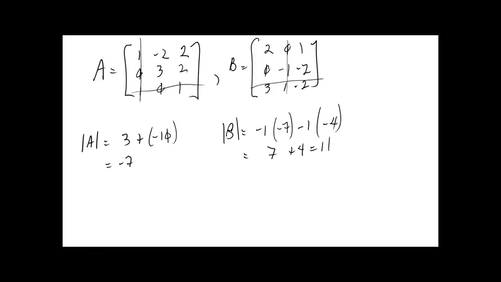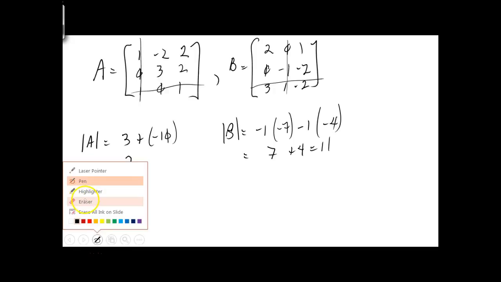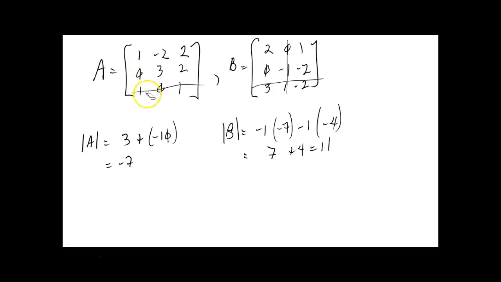Negative 7, positive 11. Got it. Okay. Now, the next thing they ask us for is sort of a boo-hiss here, because they ask us for the determinant of the product of the two matrices, which means we have to take the product of the two matrices. Boy, that's been a while, hasn't it?